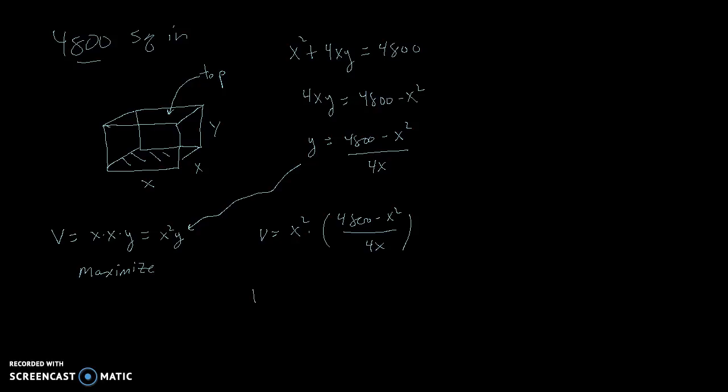And let's just make this look nice. First of all, one of the x's on the bottom can cancel with one of the x's on the top, so this x squared will cancel out this x here.